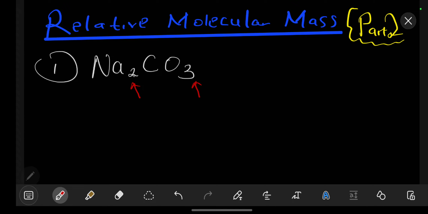This 2 will only affect sodium. And this 3 will only affect oxygen, so it will not affect carbon. It would only affect carbon if this were a bracket, but it is not.